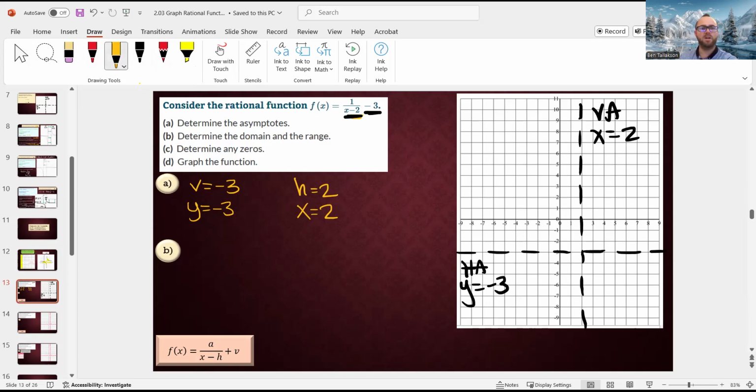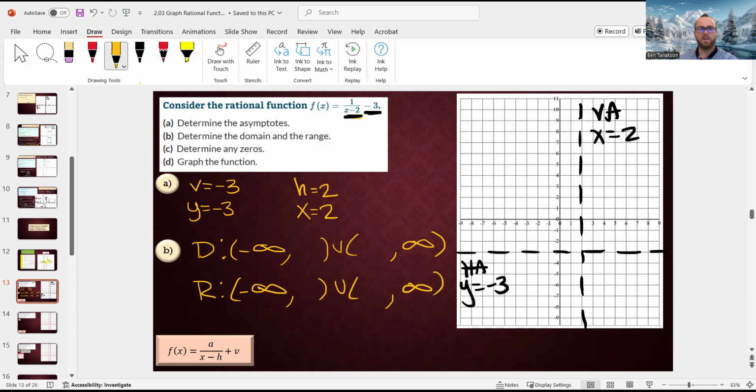Well, didn't we just talk about that? We talked about domain being always like this, united with this. Same thing with range. It was set up very similarly. This, united with this, right? But what are those values?